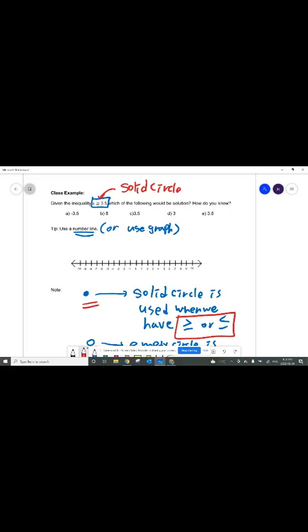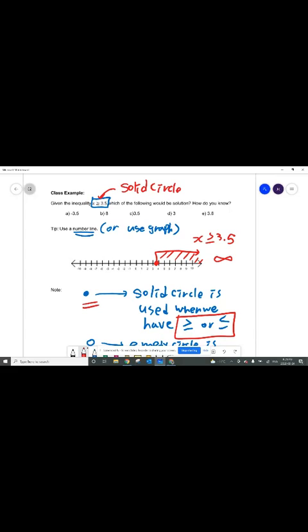I want you to locate 3.5 first. 3.5 is between 3 and 4, the midpoint over here. Because it has an equal to, I want you to put a solid circle, and the x value is anything that is bigger than 3.5. So that means, there you go. This representation is a visual way of saying x is equal to or bigger than 3.5.